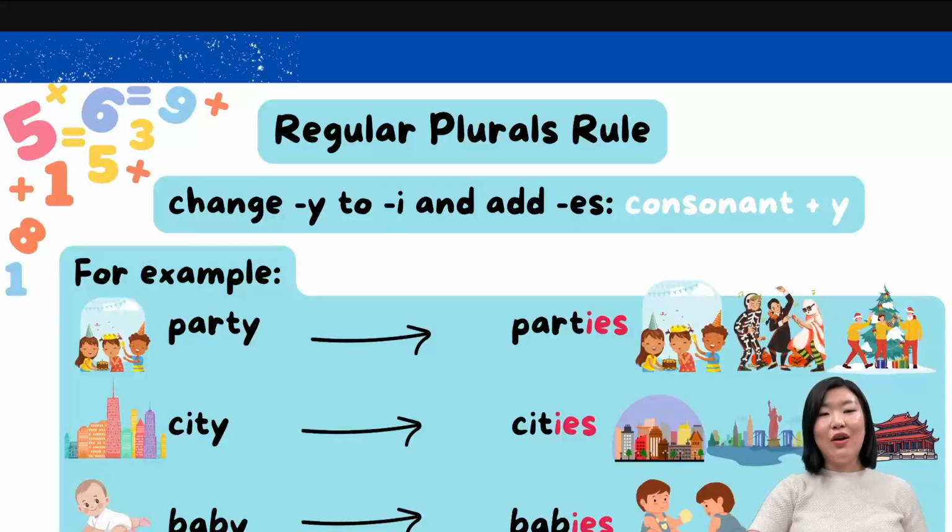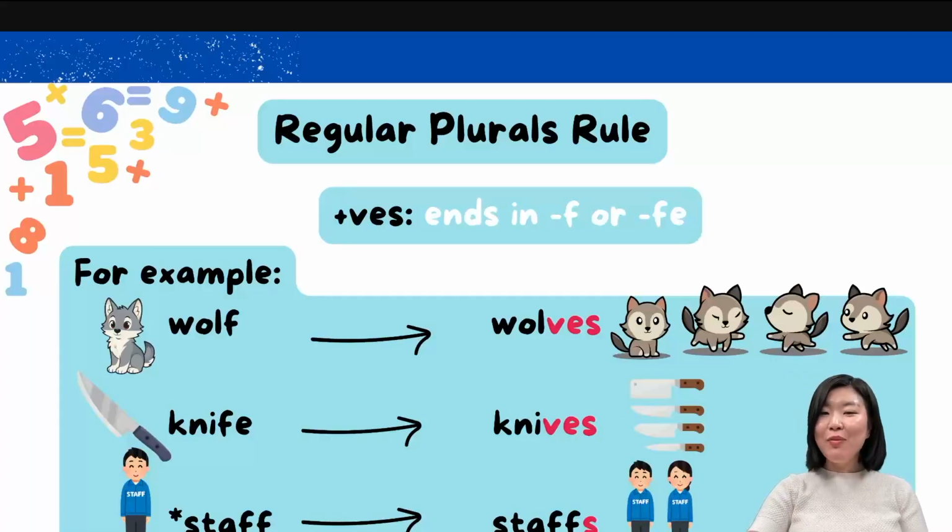When a countable noun ends with a consonant and a y, you change the y into i and add es. Party, which is pronounced as parties. City, so cities. Baby, which is babies. When a countable noun ends with f or fe, you take away the f or fe and add ves.